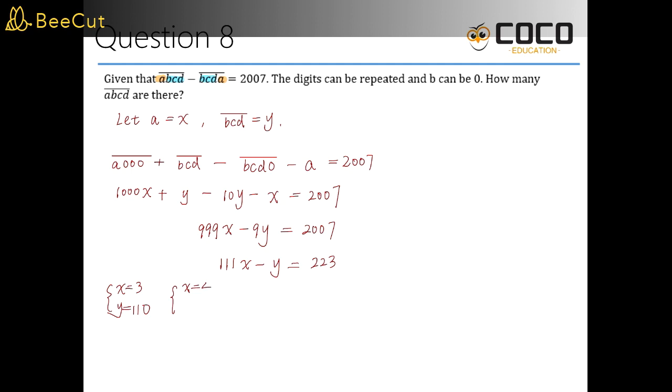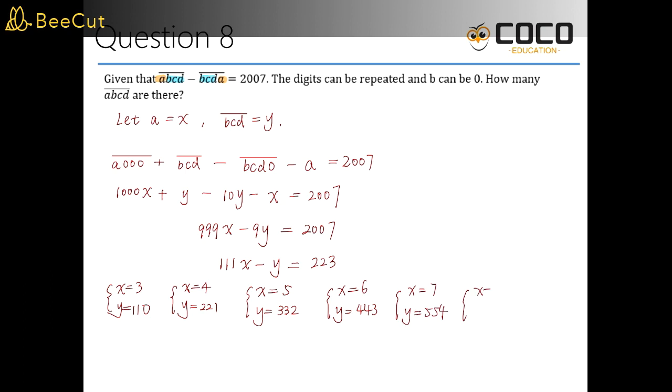When X equals 4, Y equals 221. Then when X is 5, Y is 332. When X is 6, Y is 443. And when X is 7, Y is 554.